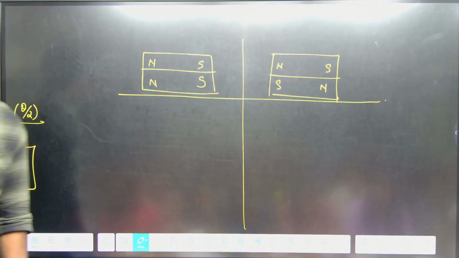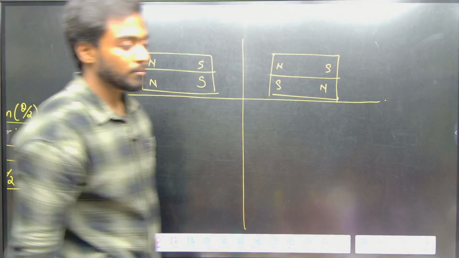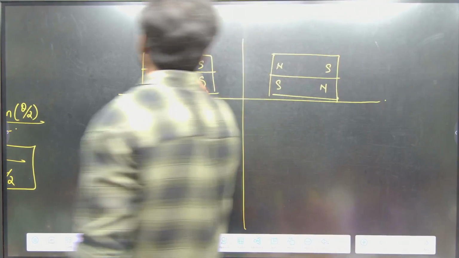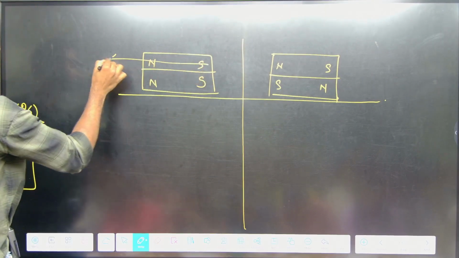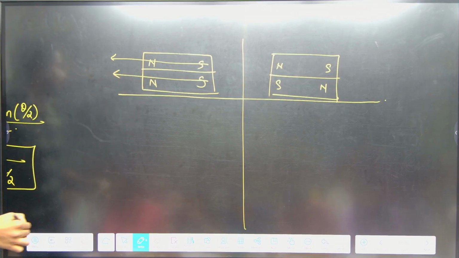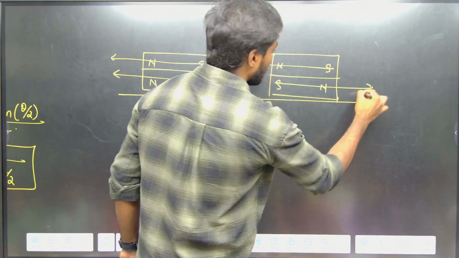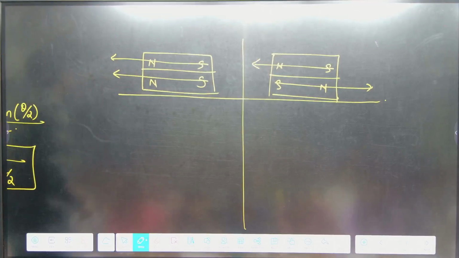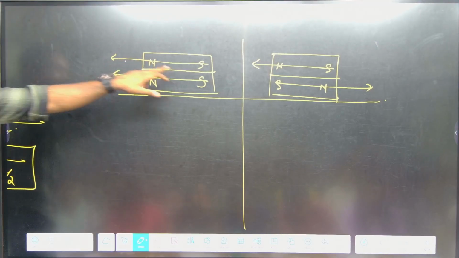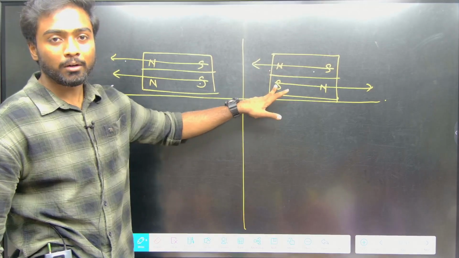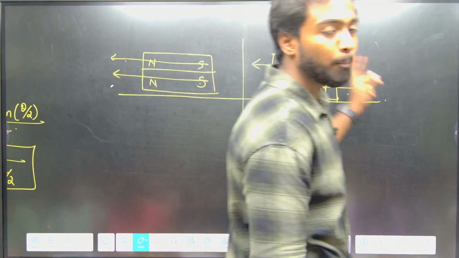Draw the diagrams. So the magnetic dipole direction will be like this for the first one. For the second one, both are in opposite directions. South to north, again south to north, but in opposite direction.